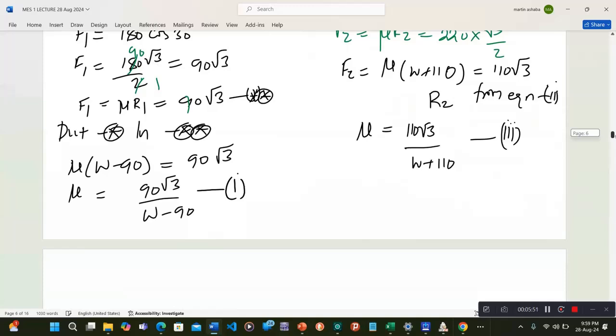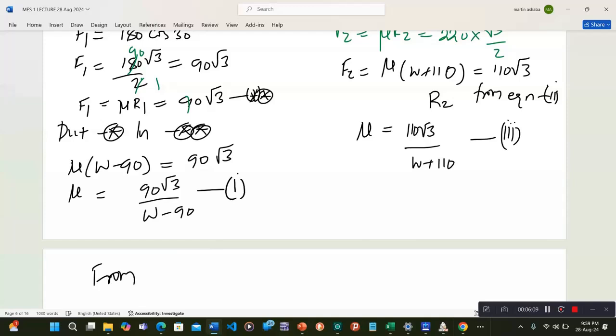So you can see that from 1 and 3 there is some similarity. So I can equate these two equations because all of them are equivalent to nu.